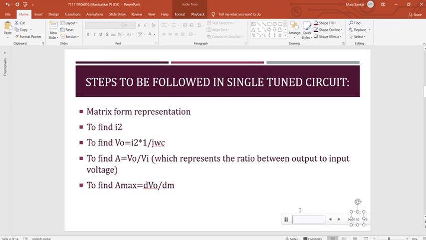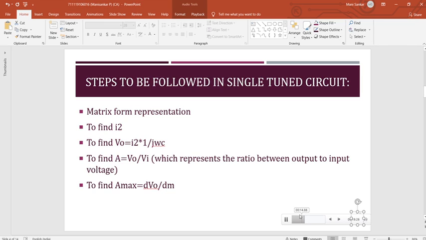To solve the problem of a single tune circuit, we have to follow these steps. First, we represent the circuit in matrix representation. The second is to find I2.